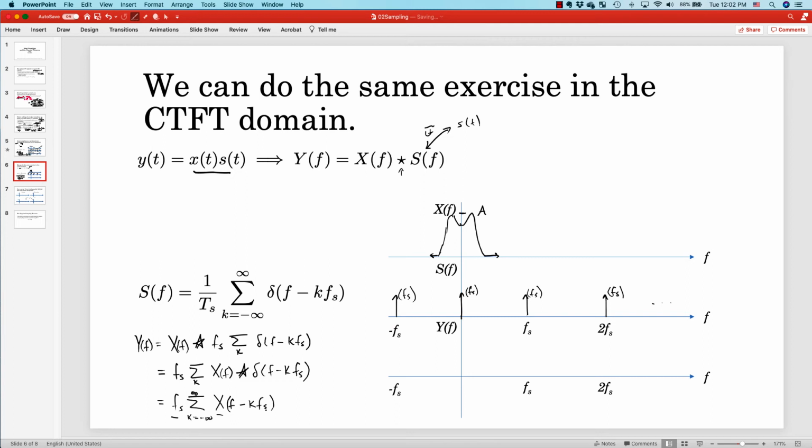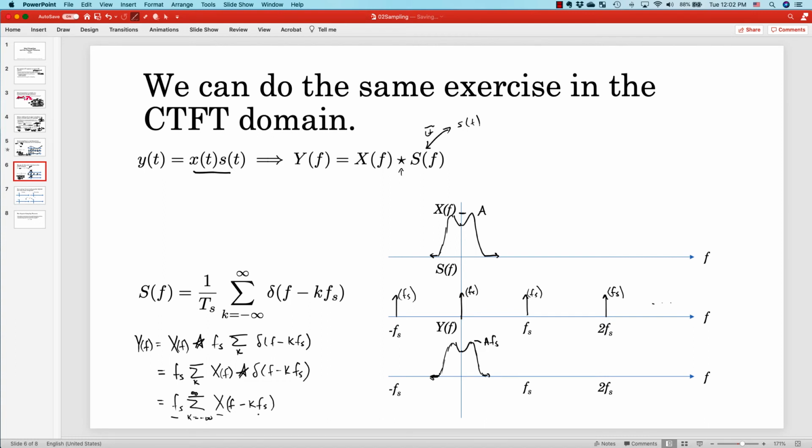Okay, so here is the first copy, which is just the one still centered at DC. I haven't changed the shape too much, except I have changed the height. This is now of height a times fs.